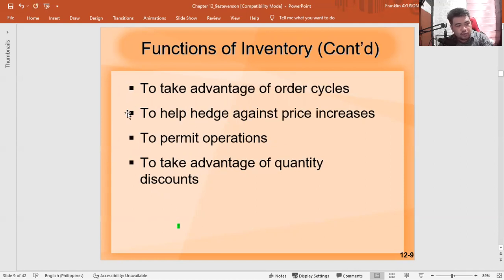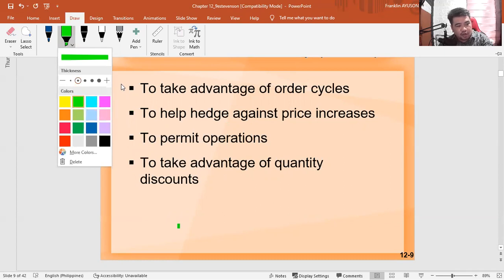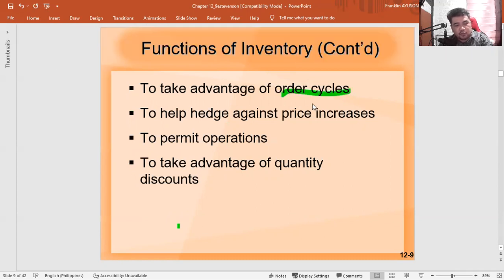More so, companies also maintain inventory to take advantage of order cycles. There are order cycles in which the company takes advantage, and basically they maintain inventory of certain goods, products, items, or component parts.